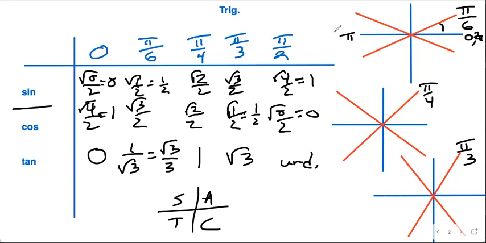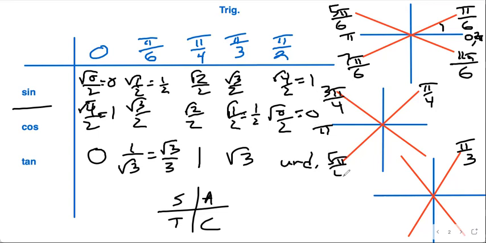So if you've got 6 pi over 6, that's what pi is, go down 1. So you have 5 over 6, and go up 1, so you have 7 over 6. Over here, 2 pi is 12 over 6, so go down 1, that's 11 pi over 6. And then up 1 is your reference angle. Pi over 4, over here, that's 4/4, so go down 1, go up 1. This would be 0 and 2 pi, but 8 over 4, go down 1 to get 7 pi over 4.